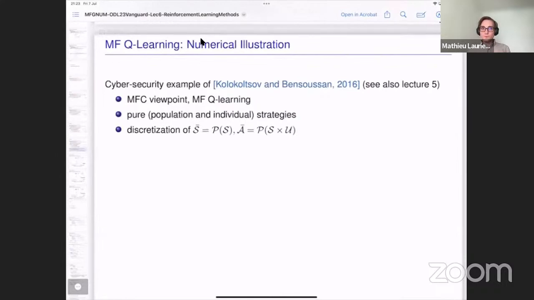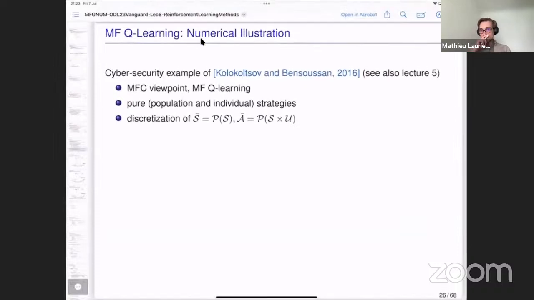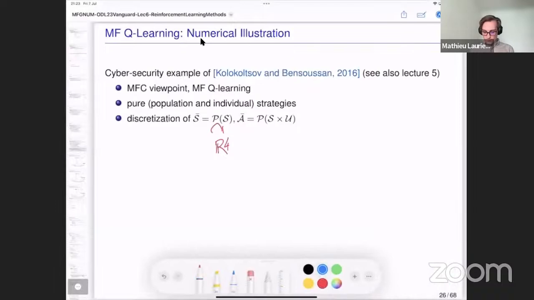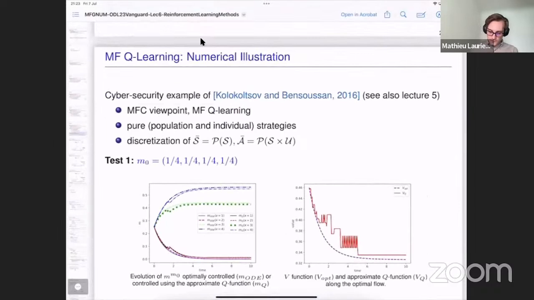I show an example here, from Borrow, that I already mentioned when talking about the master equation earlier today. It's an example from Kolokoltsov and Bensoussan of cybersecurity, where you have 4 possible states. So S is definitely finite, but again, P(S) is embedded in R^4. So it is not finite. I mean, it is finite dimensional, but it is not finite. So what you can do is replace this by a finite number of states.